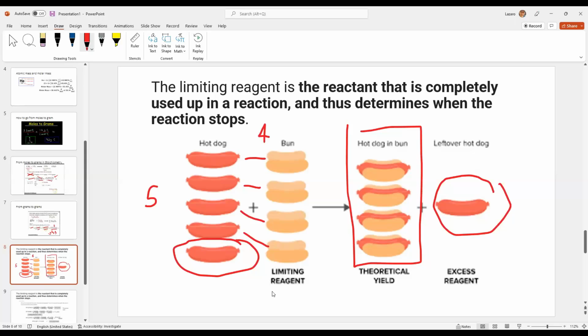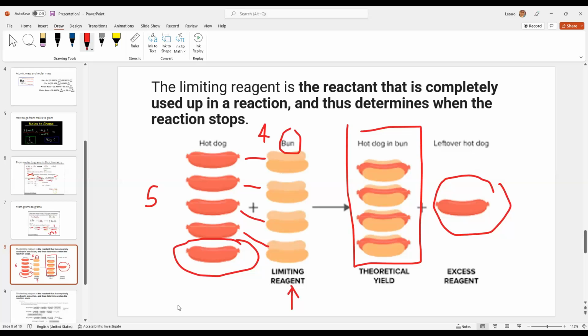Then the limiting reactant in this case is the buns. And the theoretical yield is the number of hot dogs in buns that you can produce.